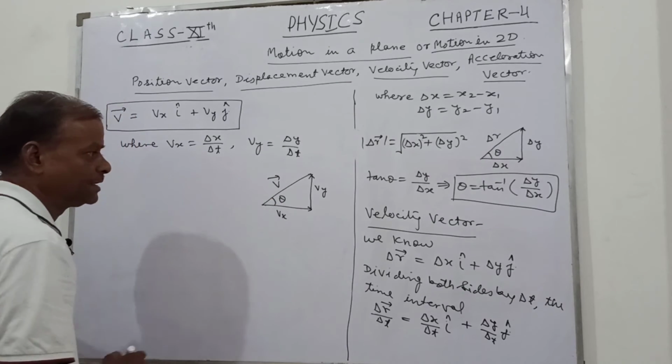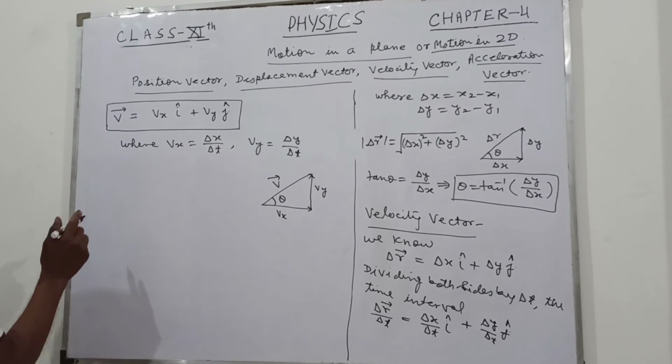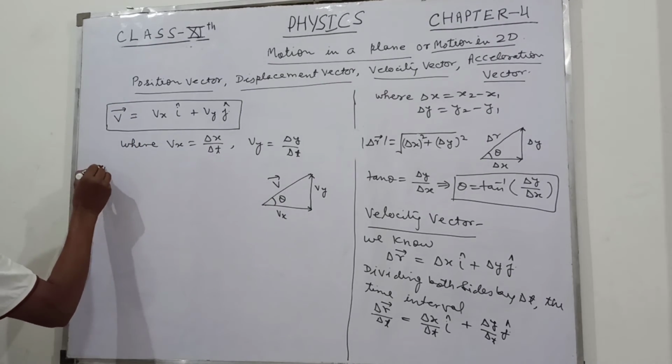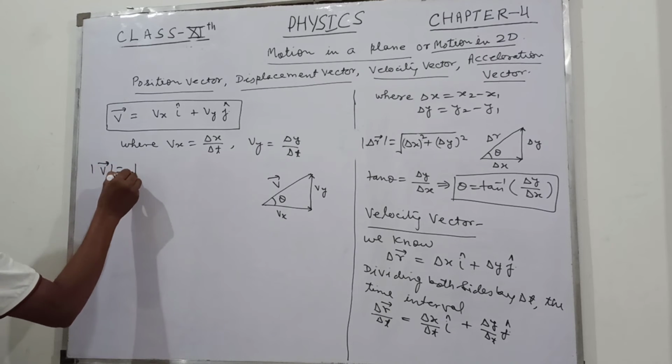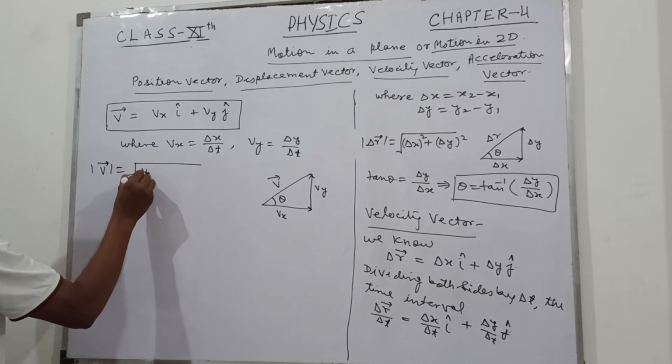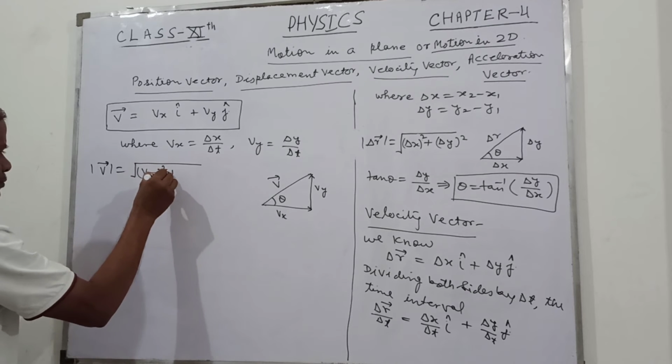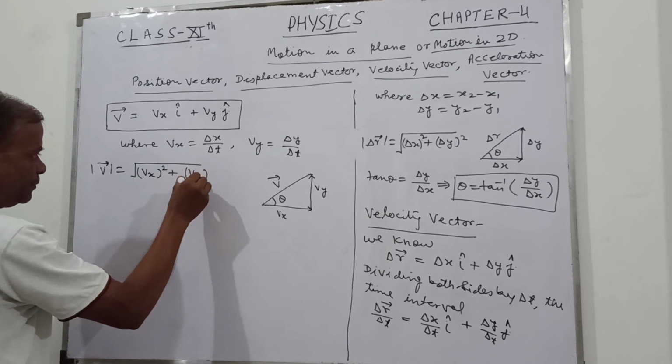Let this make an angle theta. The magnitude of V is equal to the square root of Vx whole square plus Vy whole square.